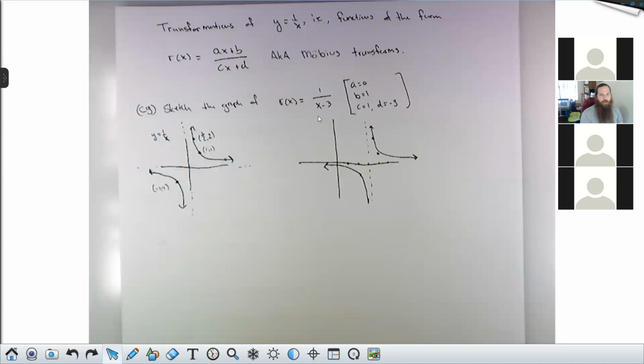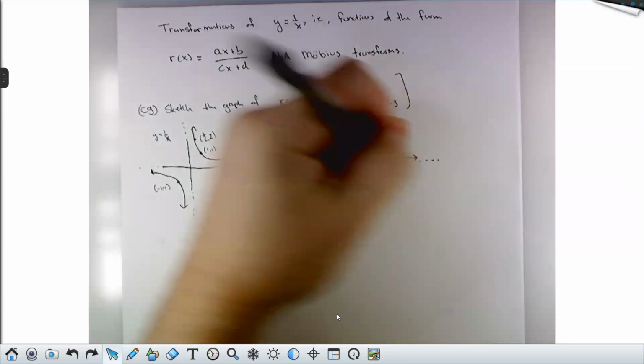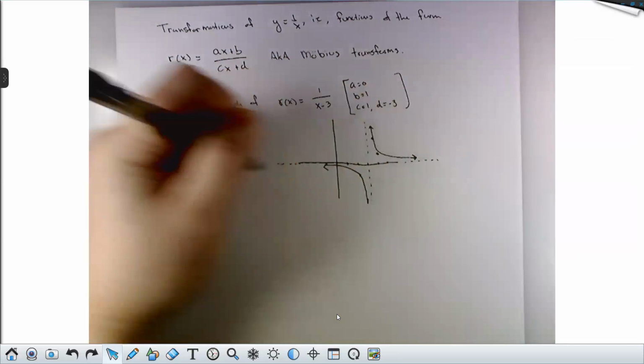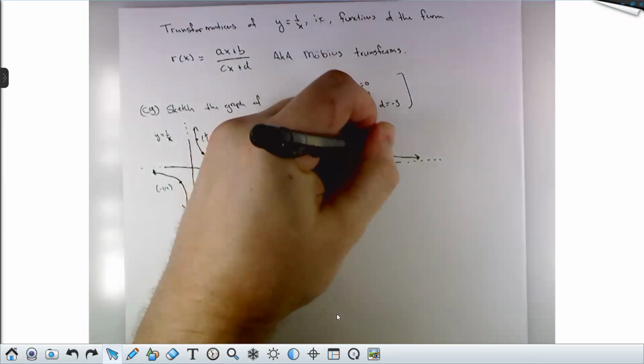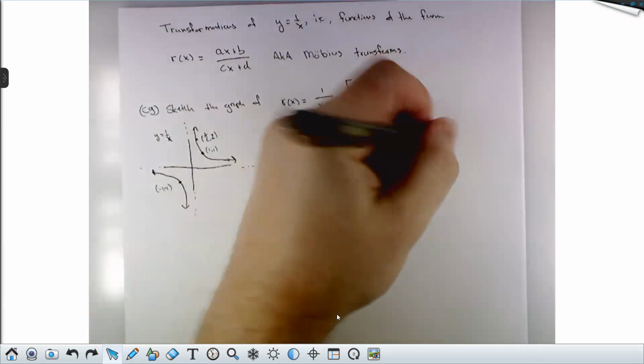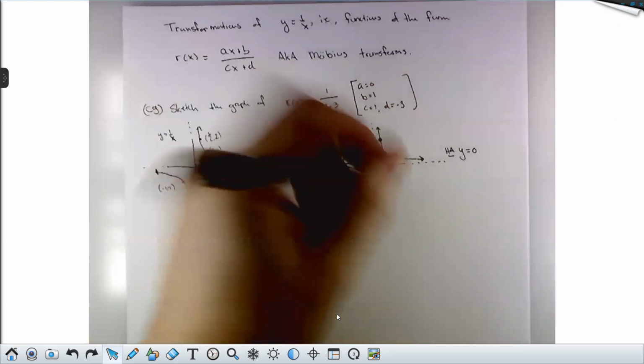Does the horizontal asymptote change when I drag this thing to the right 3 units? No, it doesn't, right? It does not change. So my horizontal asymptote stays this line here, y equals 0. You'll notice me drawing the asymptotes in as dotted lines. You guys should do the same. When I ask you to graph these functions on the test, I want you to draw the asymptotes in as dotted lines. The other thing I want you to do is label them. So here the HA, horizontal asymptote, is still y equals 0.